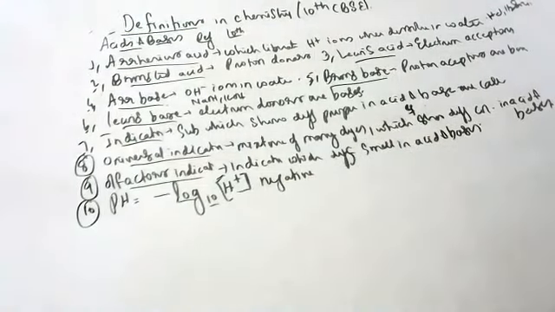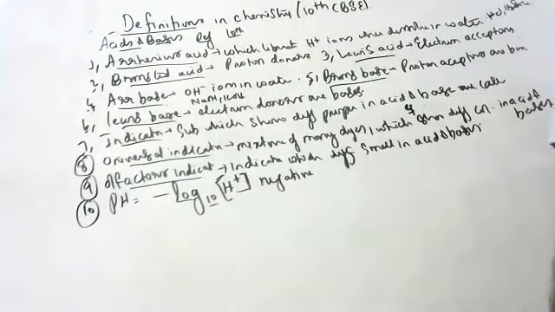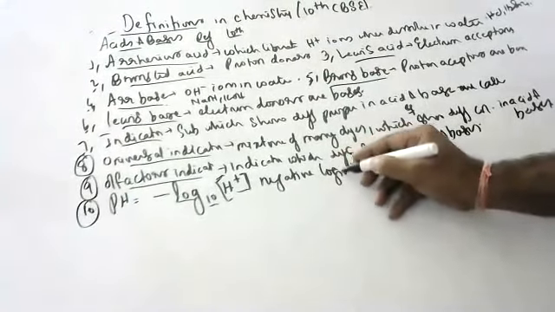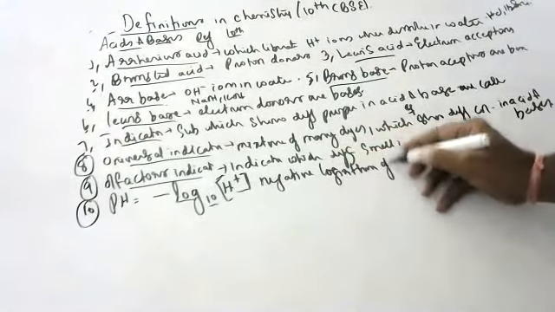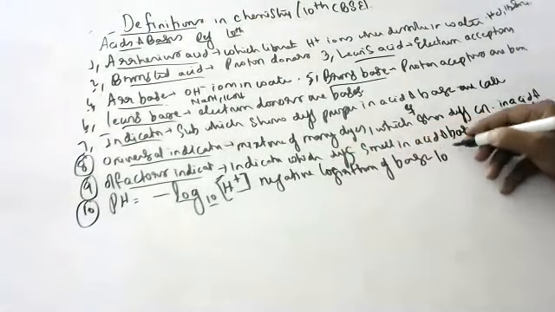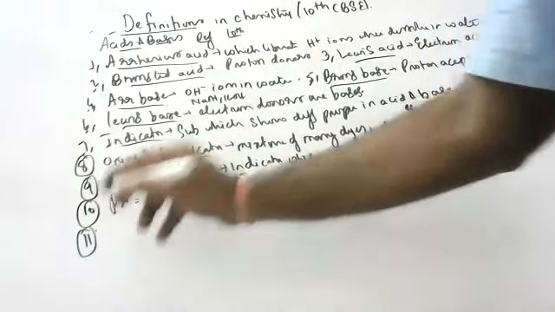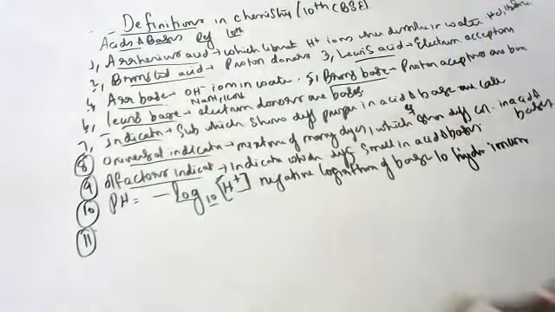Negative logarithm of base 10 hydrogen ion concentration. Very good. Next, what is a salt?